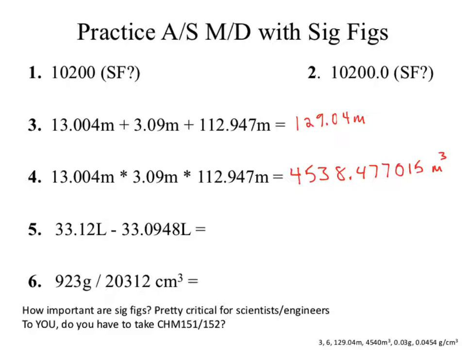The next one looks like I screwed up the unit. What does your calculator spit out for 5, actually? Anybody do it? 0.0252. Okay. Liters. And then the last one.